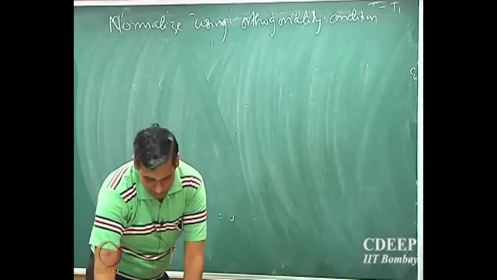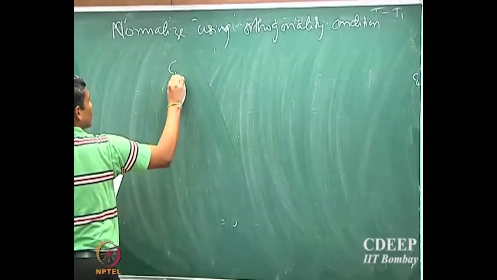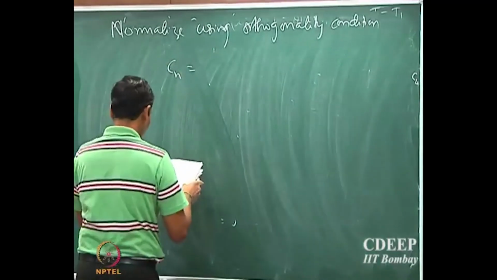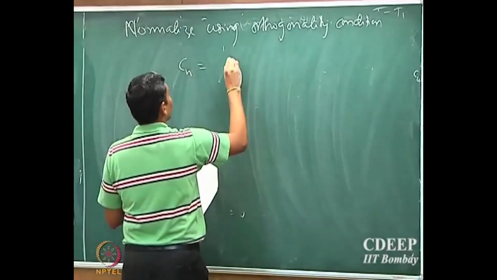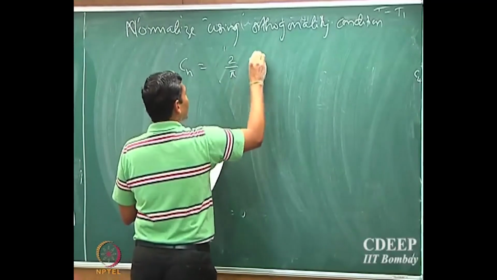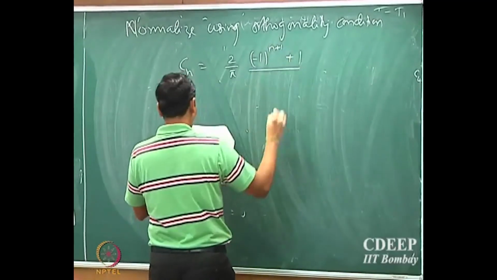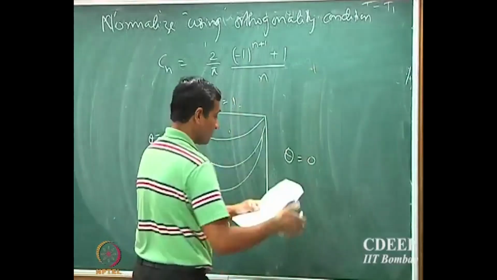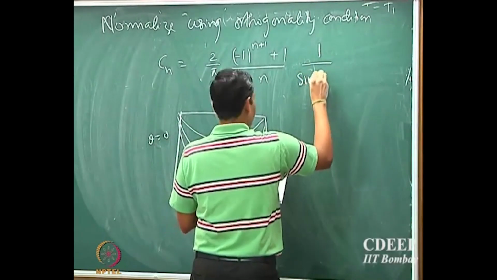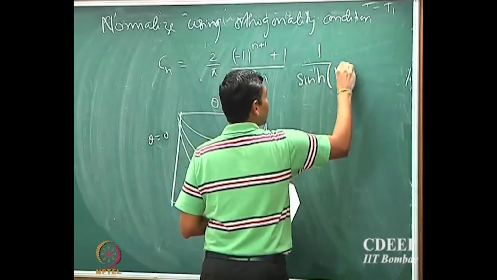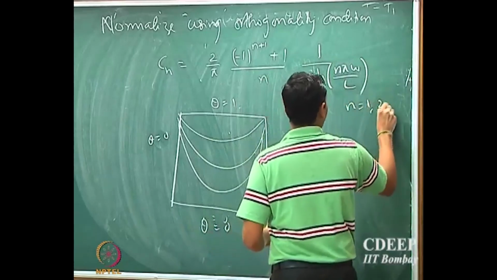So you will find that Cn is given by 2 by pi, minus 1 to the power of n plus 1, divided by n, into 1 by sine hyperbolic n pi w by L, with n going from 1 to 3 and so on.